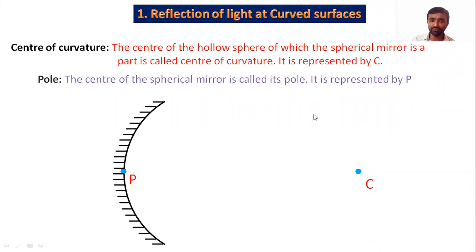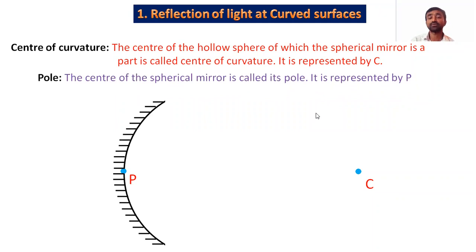That midpoint we call the pole, the center of the spherical mirror on its surface. That is called the pole, represented by the letter P.